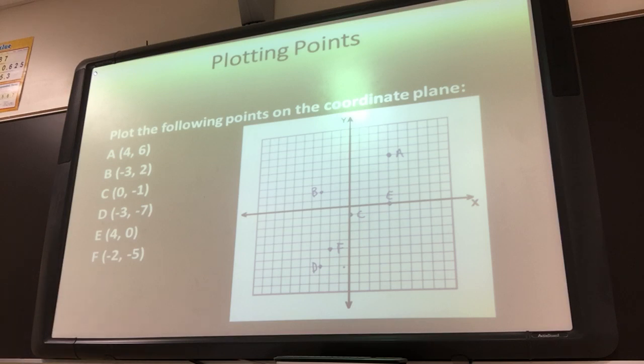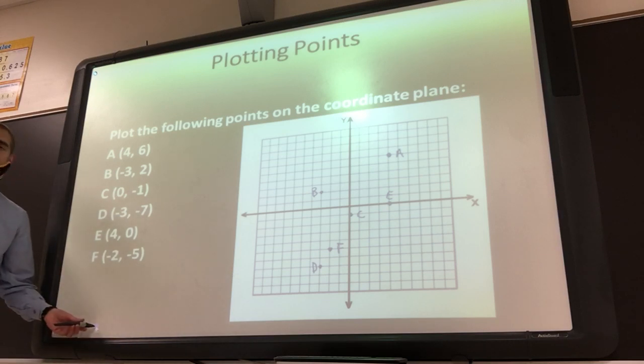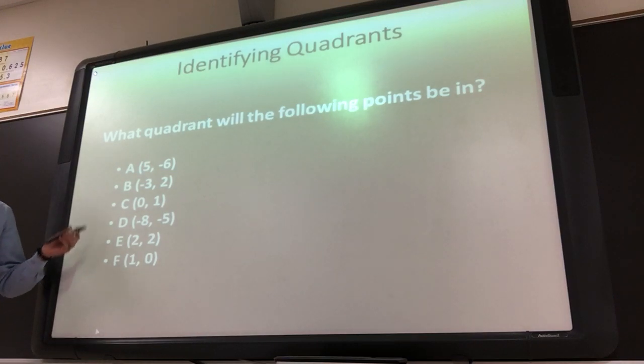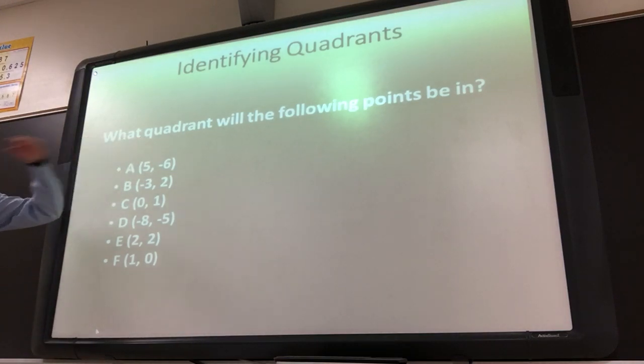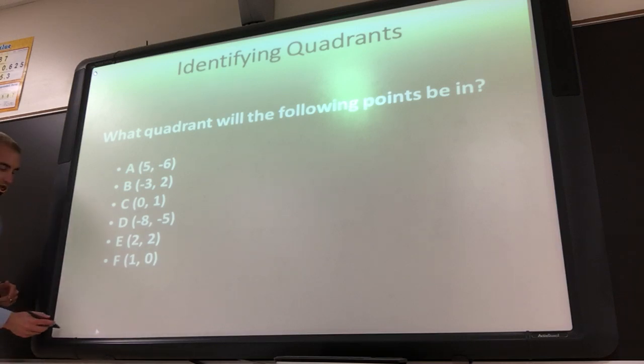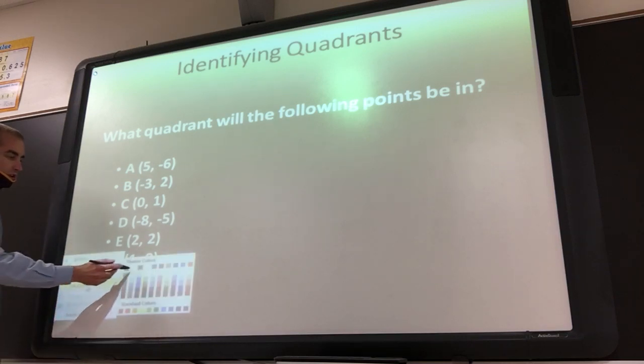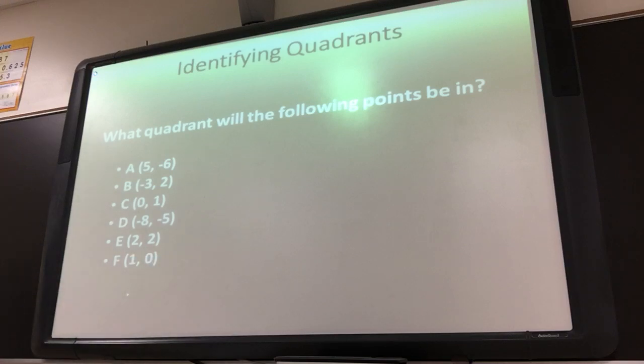Okay, so the last set of questions you've got, it does not give you a graph. It just gives you points. And you need to tell me what quadrant are those points going to be in, 1, 2, 3, or 4. So I want you all to finish off and do this one. So look at those points where the coordinates are. Tell me what quadrant is it going to be located in.